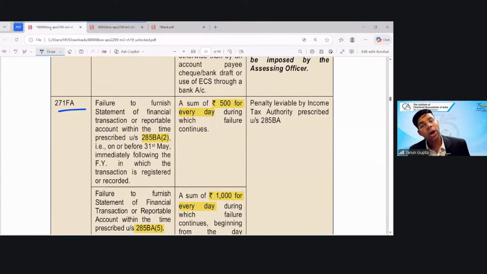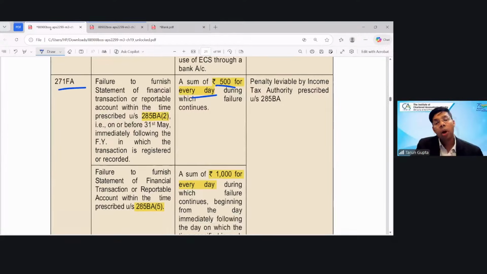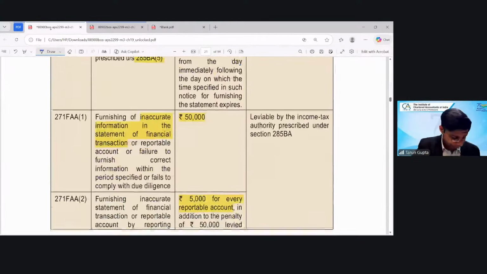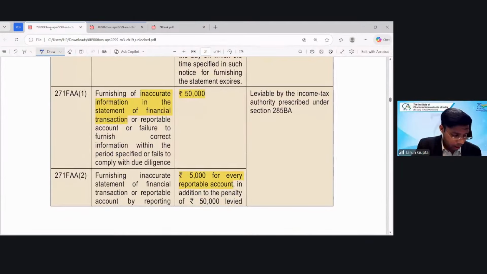If you were required to furnish an SFT statement and you have not furnished it, it is 500 every day. If you have not furnished even after the notice, then after the notice it's 1,000 rupees every day. If you have furnished inaccurate information in the SFT statement, 50,000.